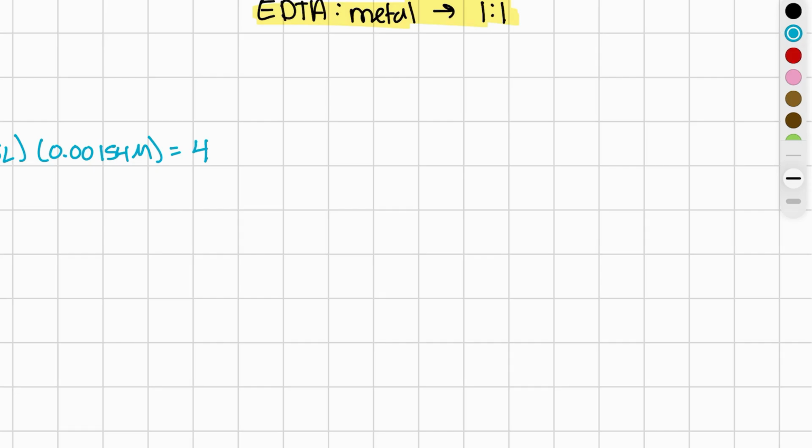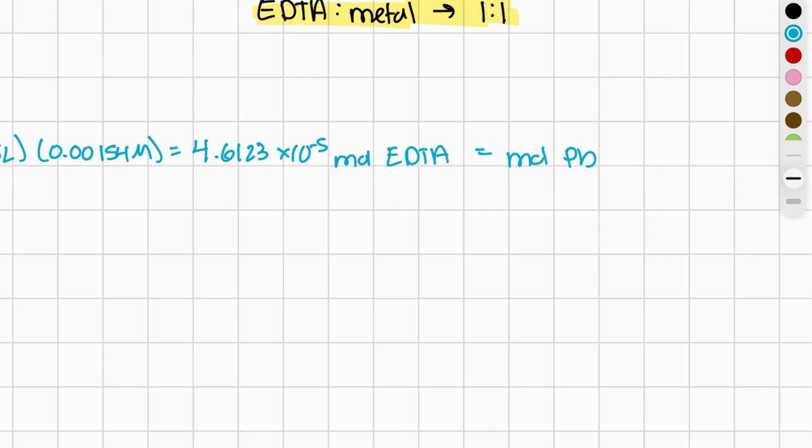And this should tell me 4.6123 times 10 to the negative 5 moles of EDTA, which we know equal our moles of lead because it is 1-to-1.